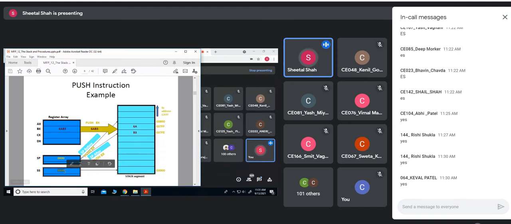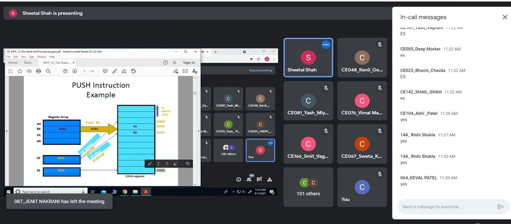This is the base address, and the stack pointer is pointing to this address, that means this is the top of the stack. You know that the lower order 4 bits should be 0 here, so the stack starts at the address 03000.